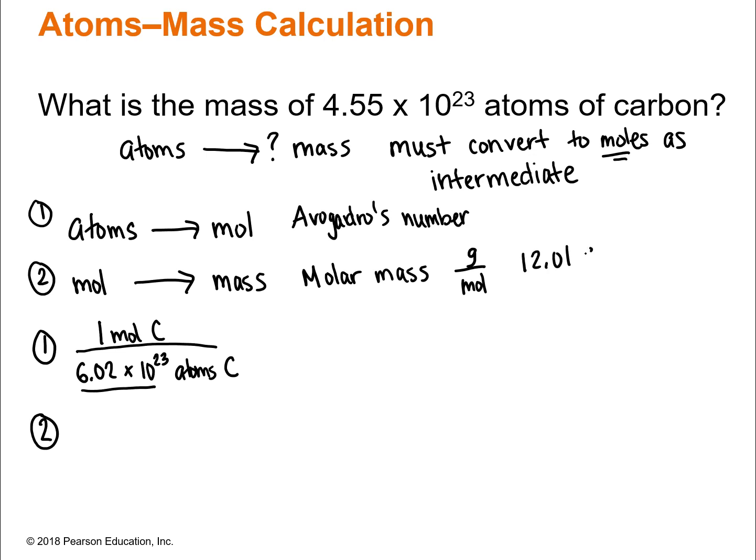Now this is carbon, so its molar mass, you just get it from the periodic table. So it's 12.01 grams per mole. To write our unit factor, it's going to be exactly that. We said grams in the top, 12.01 grams of carbon for every 1 mole of carbon.